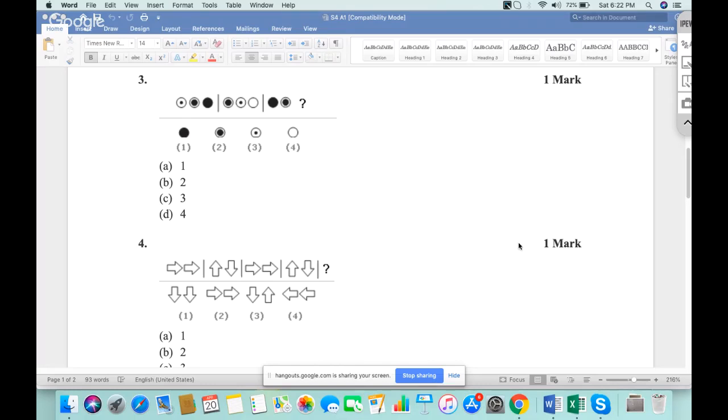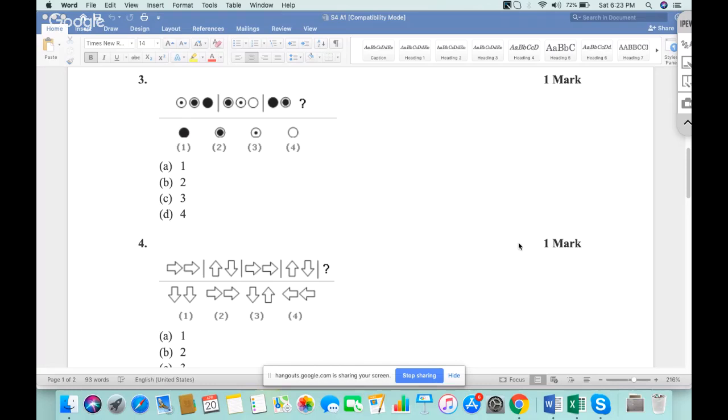For question 3, most of you are giving me answer 3. So answer 3 is wrong.